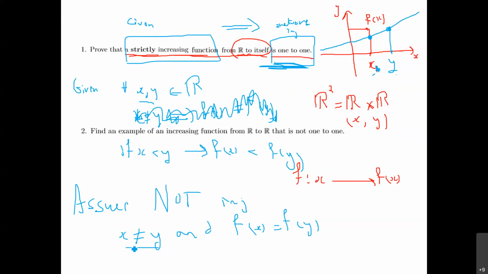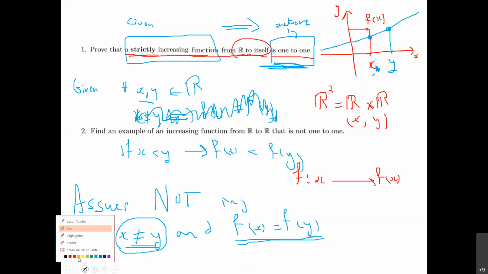You have two different elements in your preset or pre-image, but their image is the same. Well, what does it mean that x is different from y? Two cases. Either x is less than y, or y is less than x. Without loss of generality, let's just assume it's this.